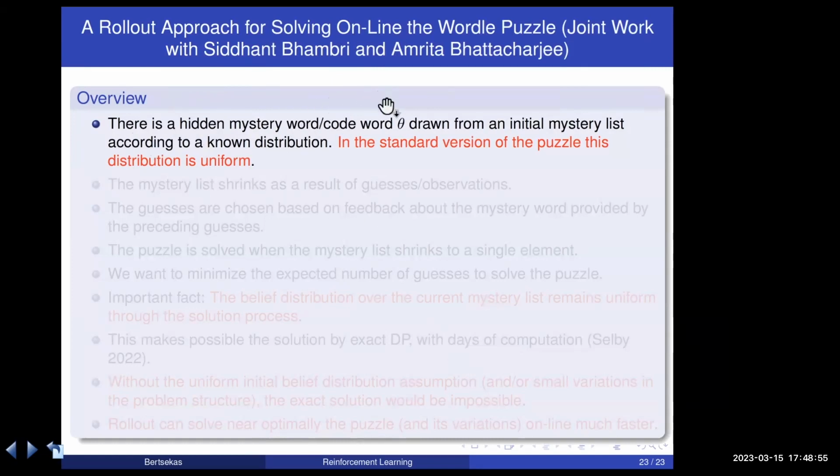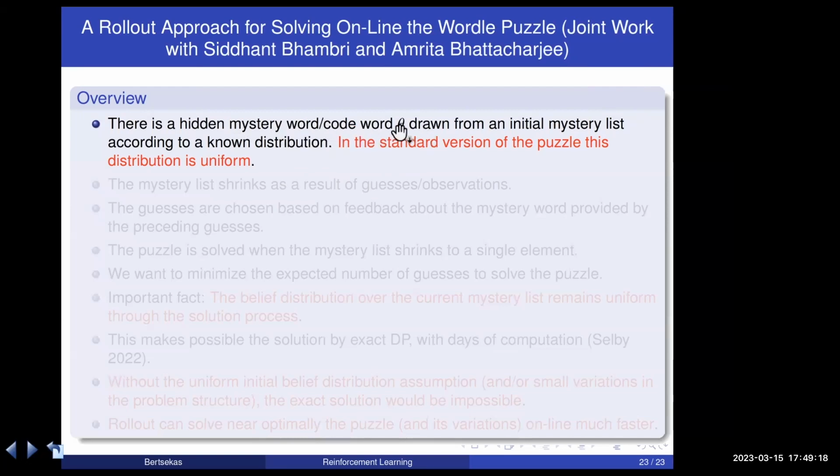Probably all of you know Wordle. Just about every person I talk to knows Wordle, and so many of them are dedicated players of Wordle. They play it every day, okay? Millions of people play Wordle every day. Wordle involves a hidden mystery word, or a code word, if you wish, that consists of 5 letters.